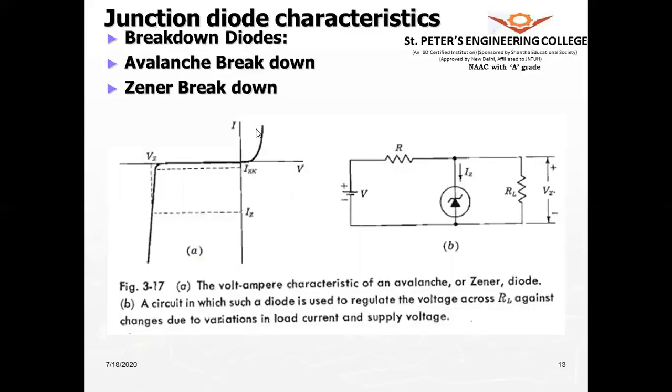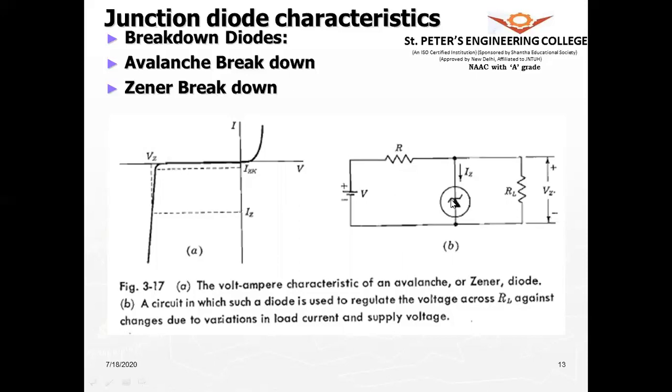As we can see from here, this is the breakdown we call, this is the breakdown in the diode. So this is the Zener breakdown. This is the symbol of the Zener diode, and the Zener diode is always used in the reverse bias condition.